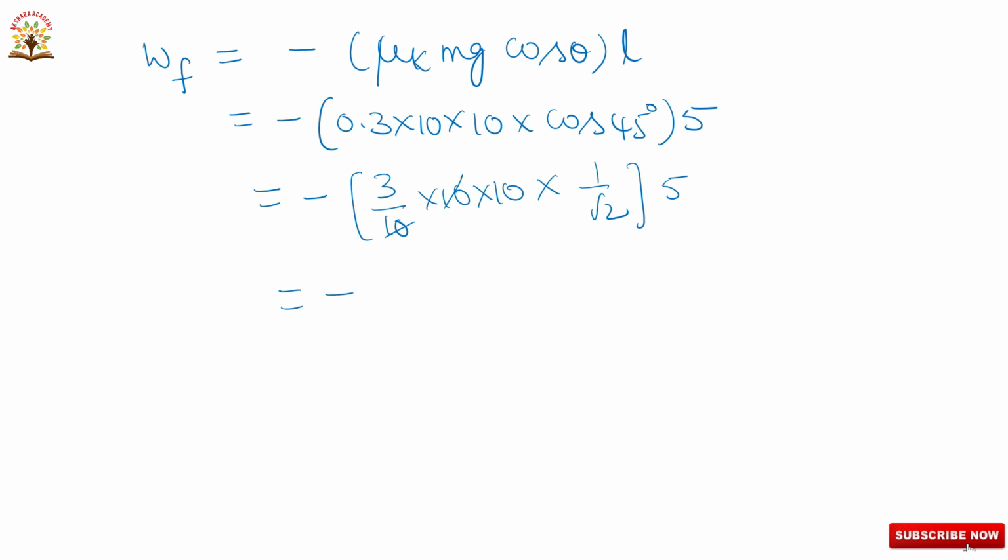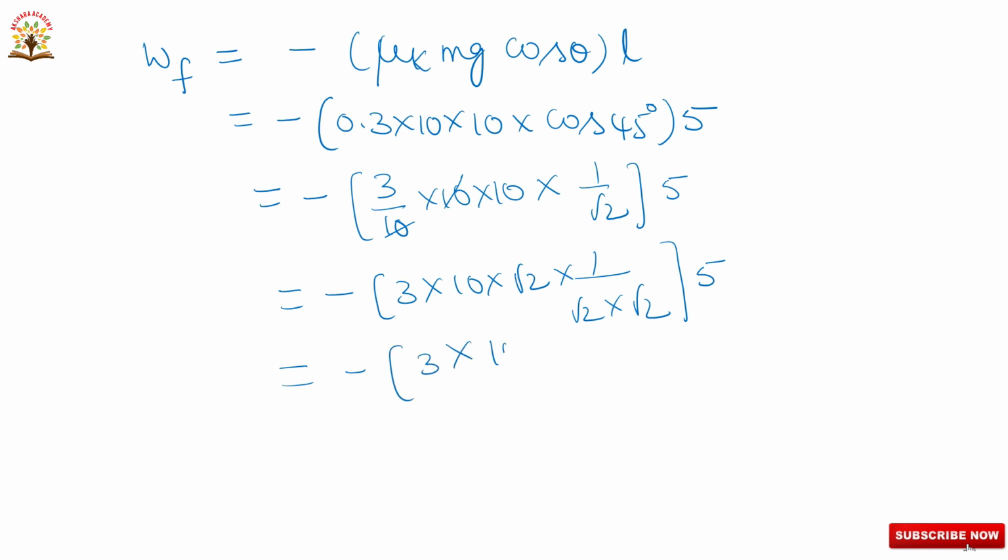That is equal to minus 3 into 10, multiplying and dividing by root 2: root 2 by root 2 into root 2, 2 ones are 2, into 5. 5 fives are 25 root 2.